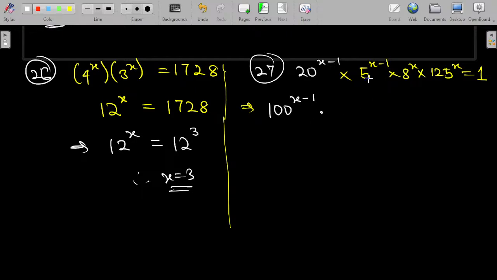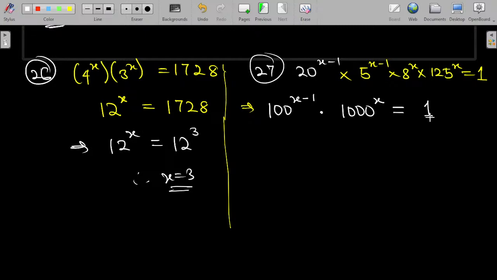The bases are 8 and 125, and the powers are the same, x. So what is 8 times 125? I think that is 1,000. Yes. 125 times 2 is 250, times 4, yes, it's 1,000. So you have 1,000 raised to the power of x, and that is equal to 1.